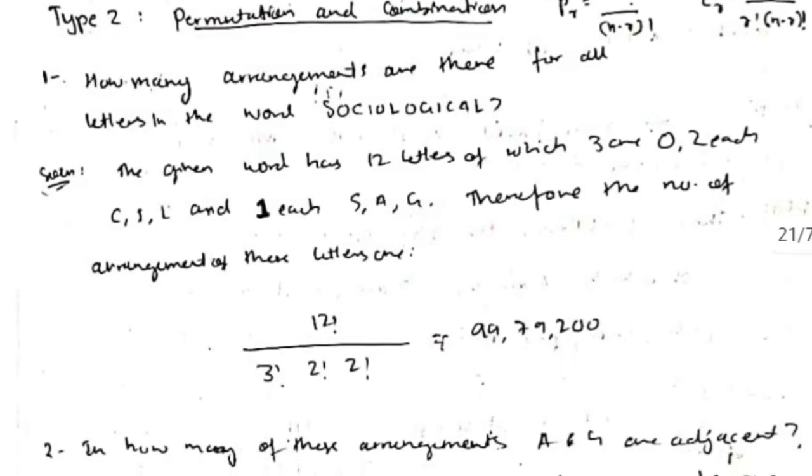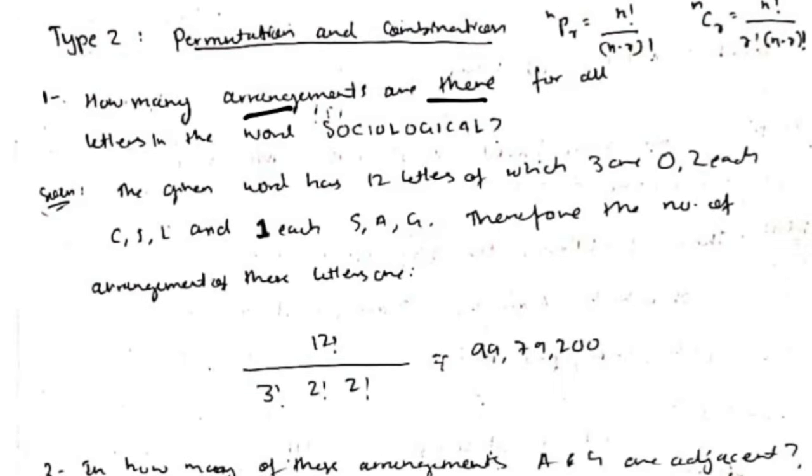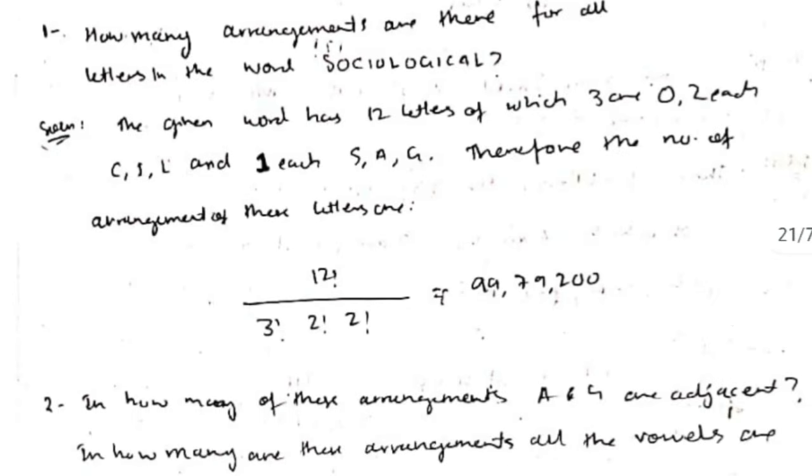Okay, so the first question is: find all the arrangements for the letters of the word sociological. Since there are 12 letters in total and 3 O's are repeated and C, S and L are repeated, we write the factorial of the total number of letters in the numerator, and in the denominator we write the factorials of the repeated terms.